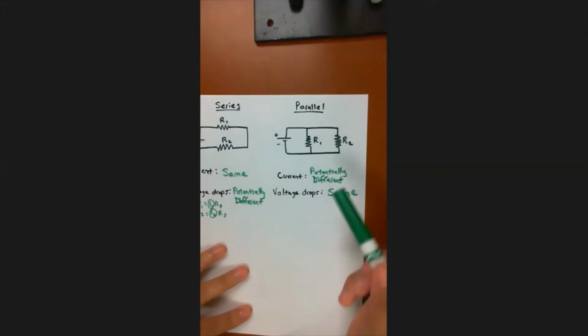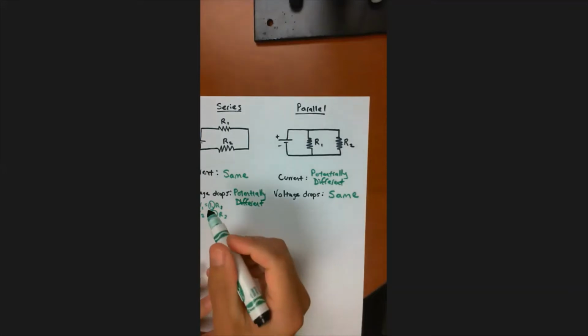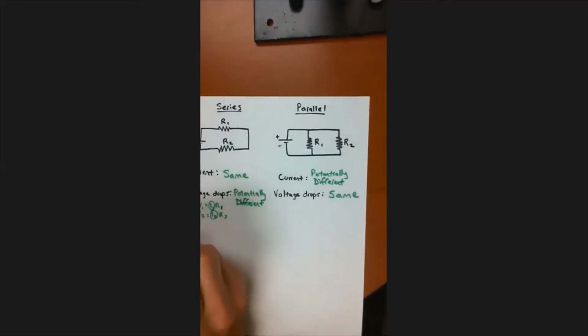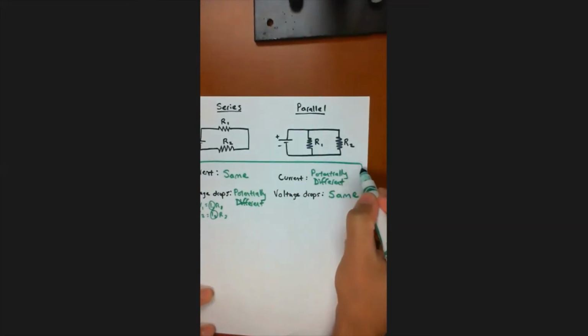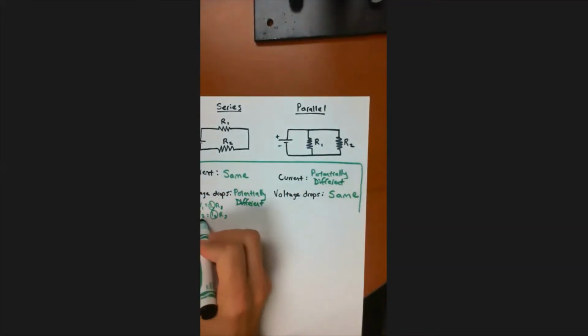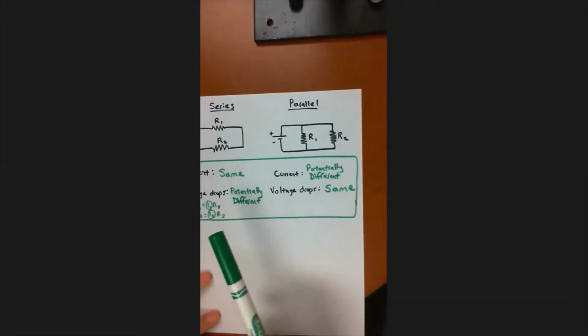But if one of these is larger, then whichever one is larger is going to have lower current, and whichever one's smaller is going to have more current flowing through that branch. These are really important and helpful concepts to have in mind, because when we get to more complicated circuit analysis, you can use these and they'll be really helpful.